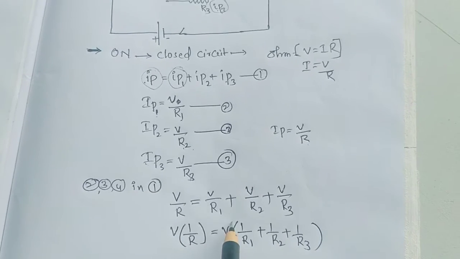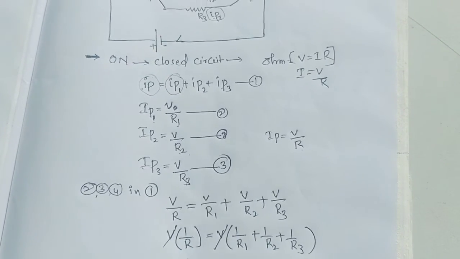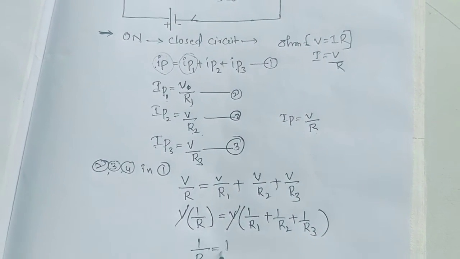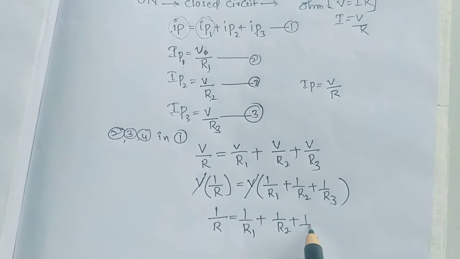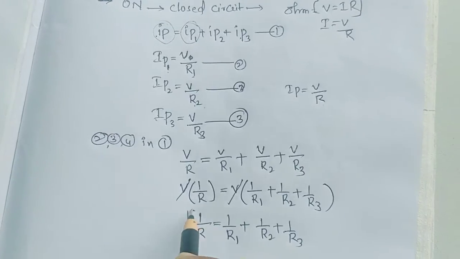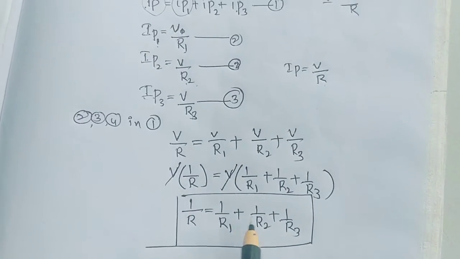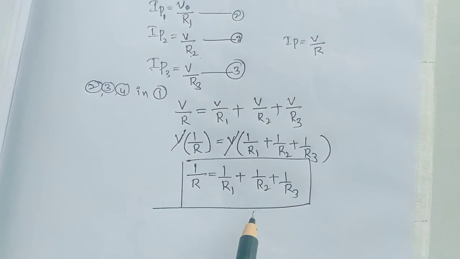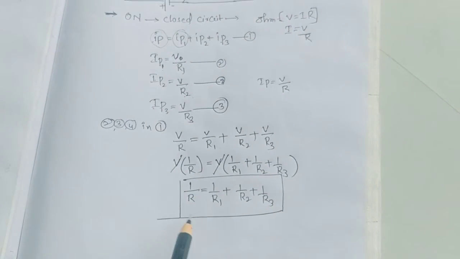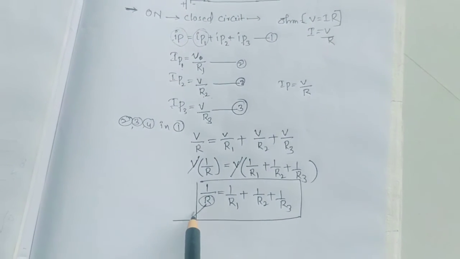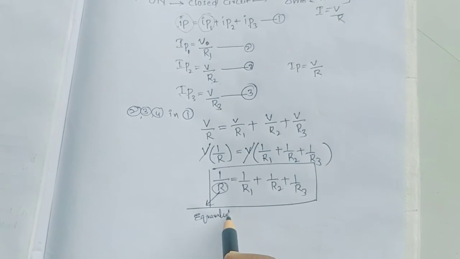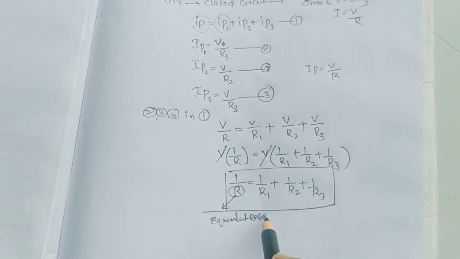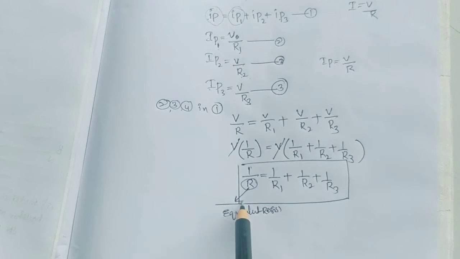From this equation V gets cancelled. Finally what do we get? 1 by R is equal to 1 by R1 plus 1 by R2 plus 1 by R3. This is known as the parallel connection of resistance. Here R is the equivalent resistance. So 1 by R means reciprocal.